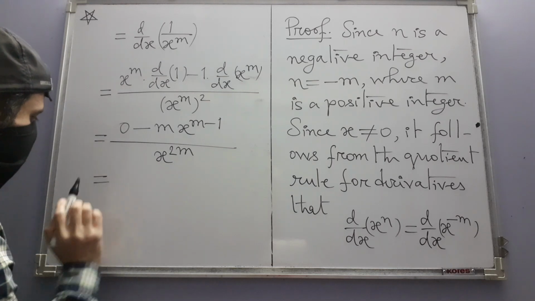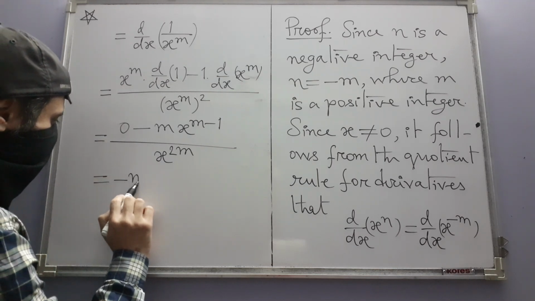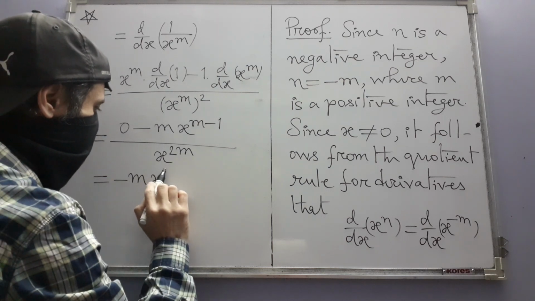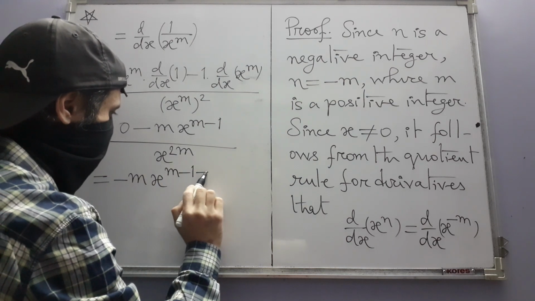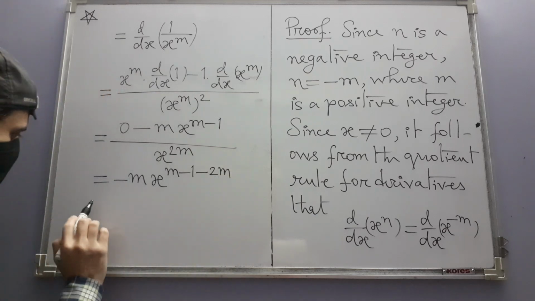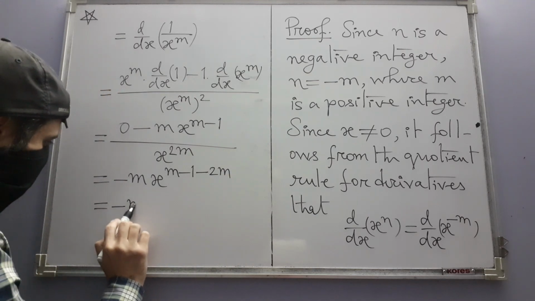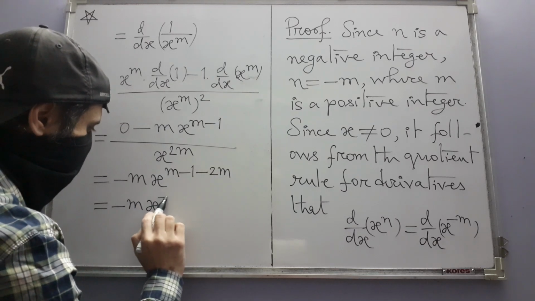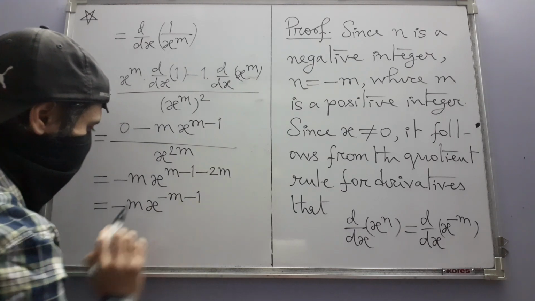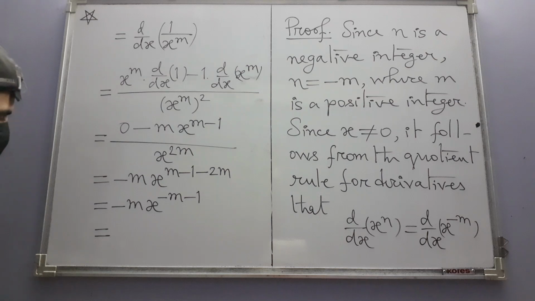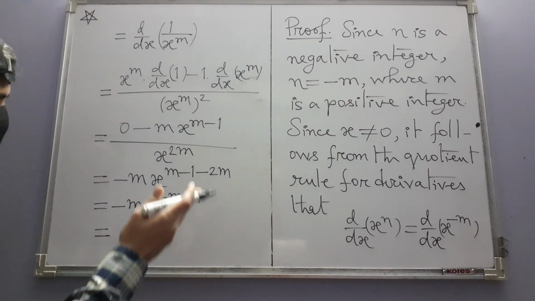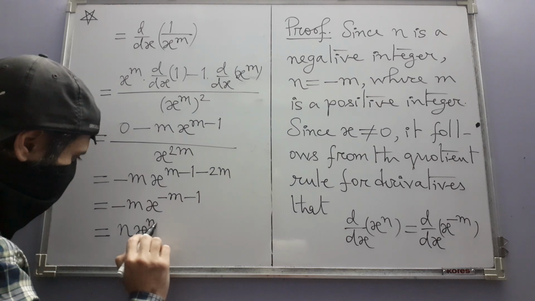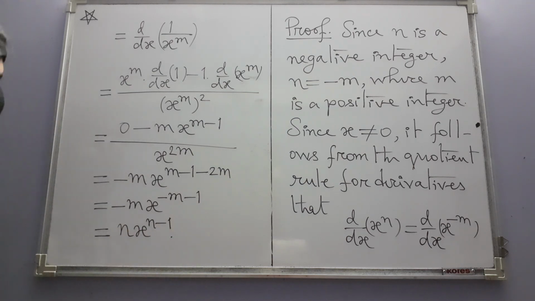So now if you manipulate these powers, it will be m minus 1 minus 2m, minus m times x to the power... m minus 2m is minus m, and minus 1 of course will just be minus 1. Now recall that minus m is just n. So you get this, and that was the claim.